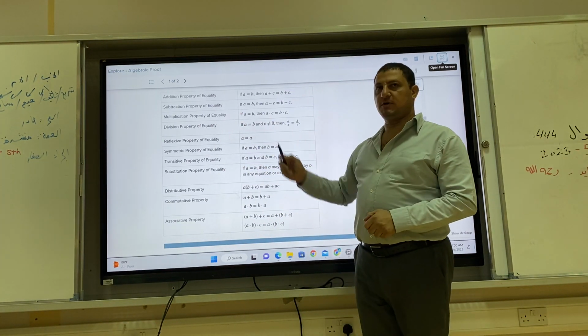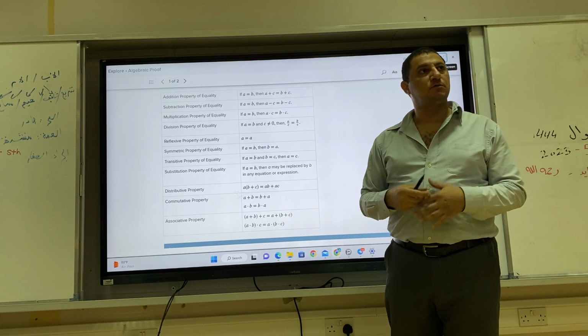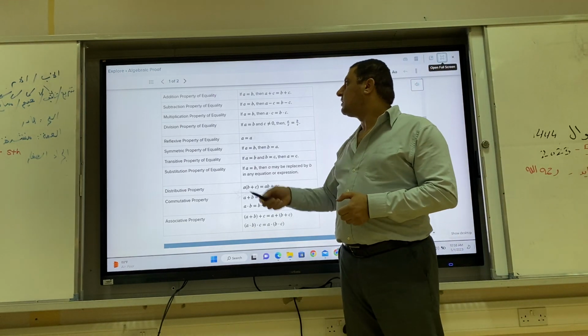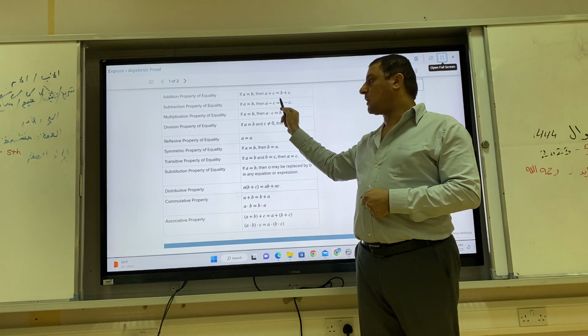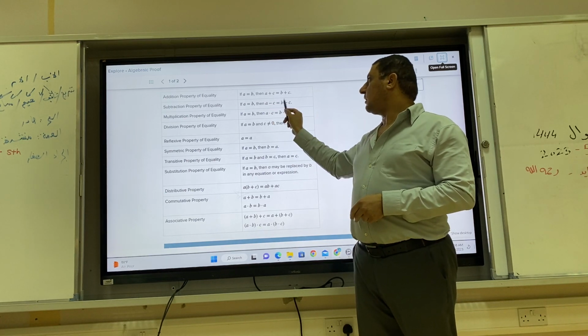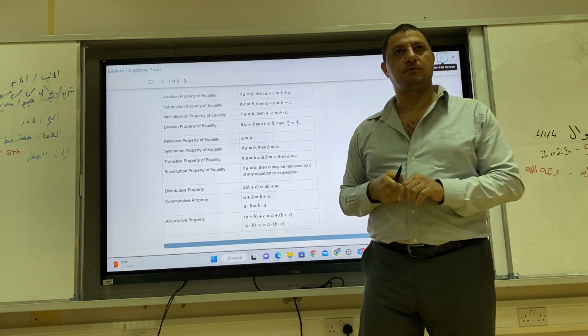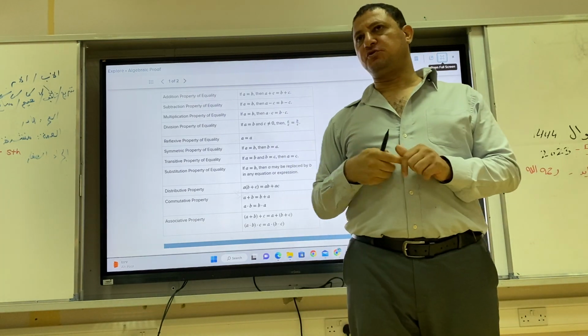Subtraction property of equality is the same but with subtraction. If I subtract the same amount from two equivalent values, the equal sign is kept. I've introduced this before.